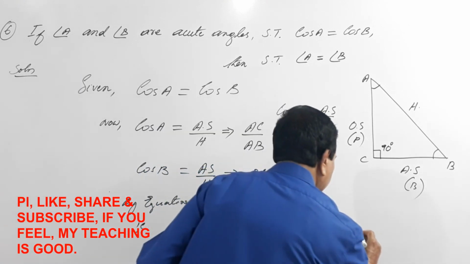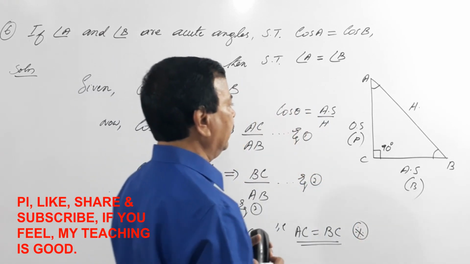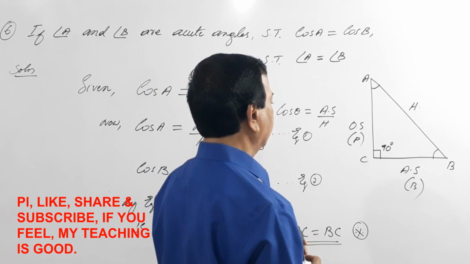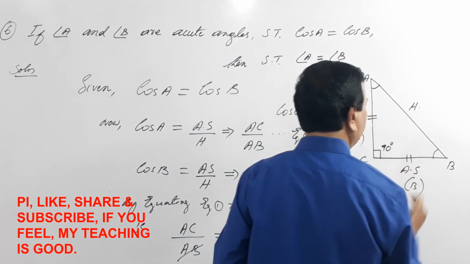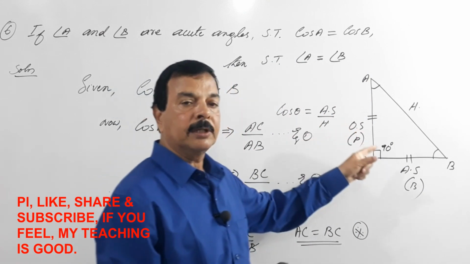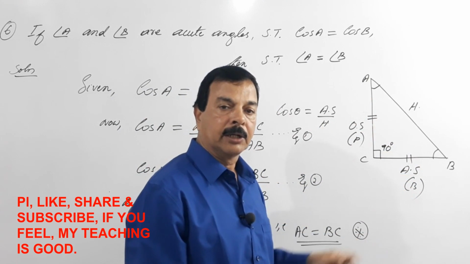So this is an important relation. What does it mean to say AC equals BC? It means this becomes an isosceles triangle because both the sides are equal.